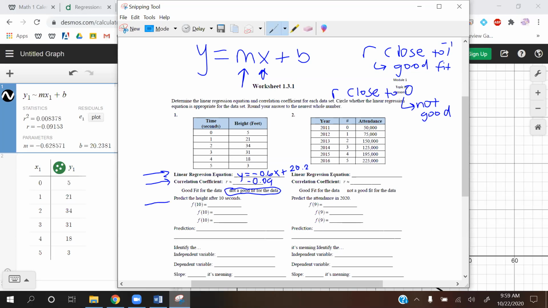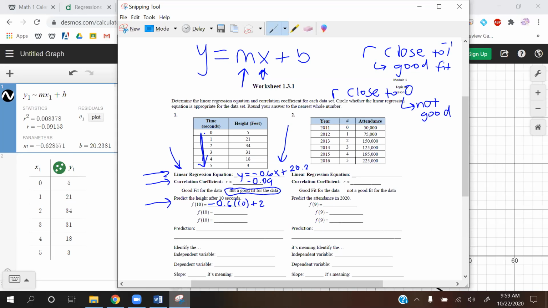So we're going to now predict the height after 10 seconds. So here's the seconds, right? We have 0 all the way to 5 seconds over here. But if we want to predict it to 10 seconds, we're going to use our equation that we did. So this is our equation. So we're going to plug in the number 10 because we want to predict the height after 10 seconds. And so in our equation, we have y is equal to negative 0.6x plus 20.2, and instead of x, we're plugging in 10.